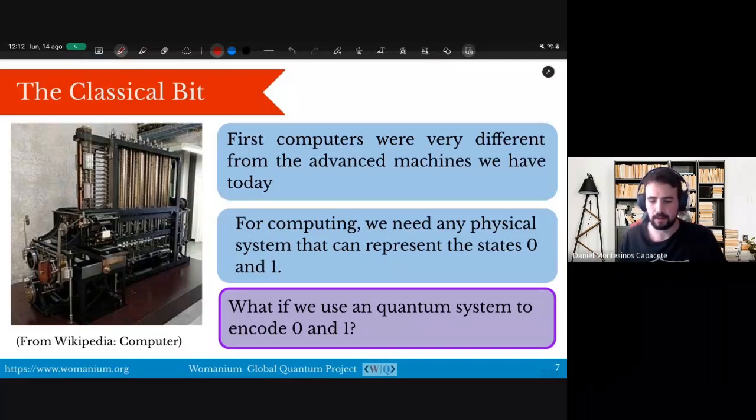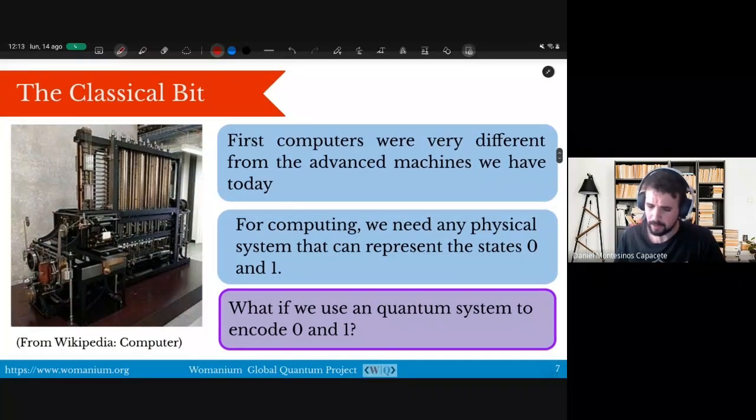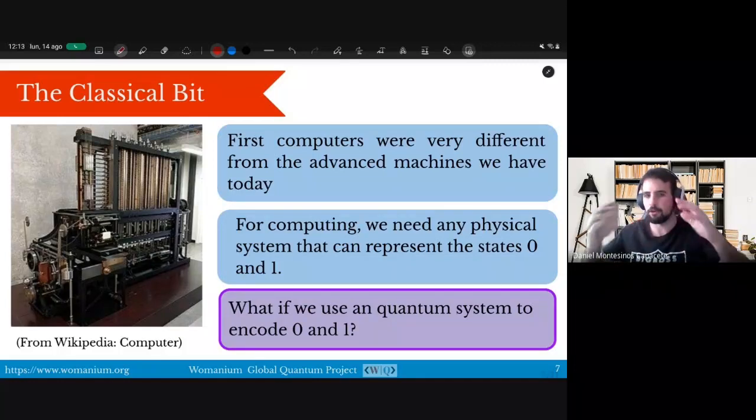But the first computers were not made out of transistors, right? For example, you have here, I'm not sure if this is the first computer or not. I mean, one of the first, right? Like 50 years ago, or something like that. It was made out of some mechanical system that I'm not going to explain in detail, but the idea is that the 0 and 1 are encoded in another type of physical system that has nothing to do with transistors or electrical signals.